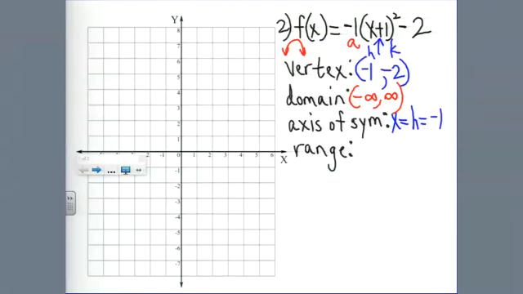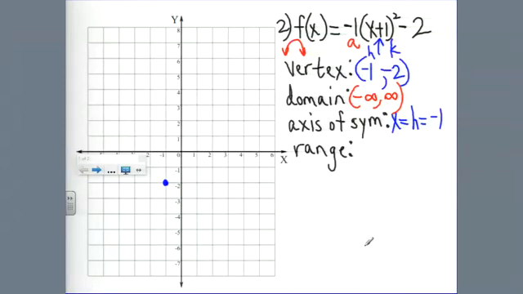And we'll find the range after we graph the parabola. We can go ahead, however, and plot our vertex. Now, if you're graphing by hand, all you need is one point to the left of your vertex and 1 point to the right of your vertex.